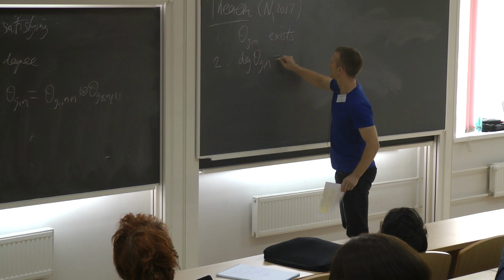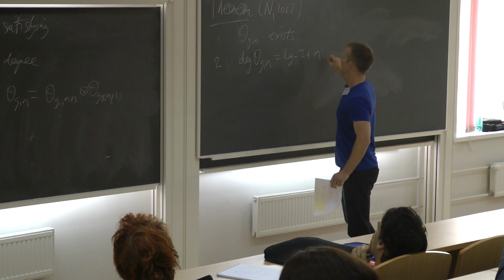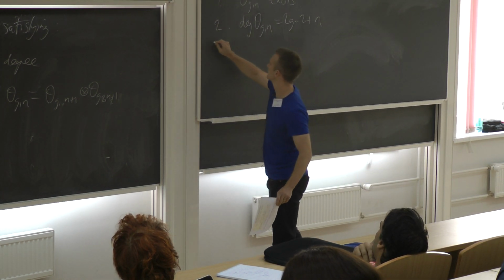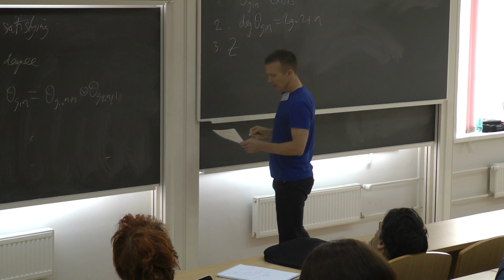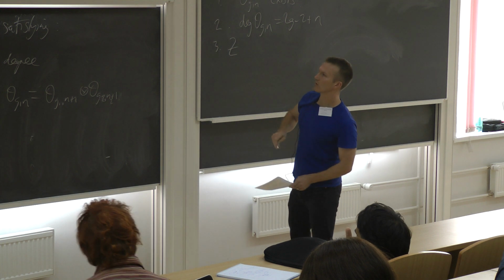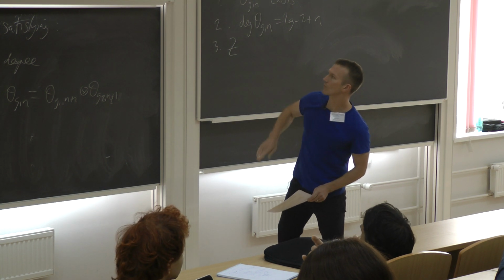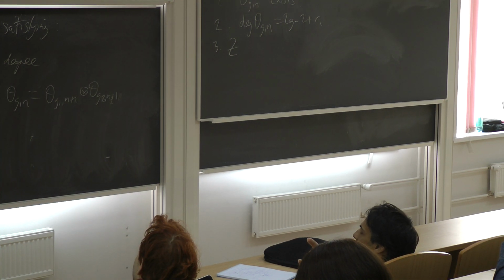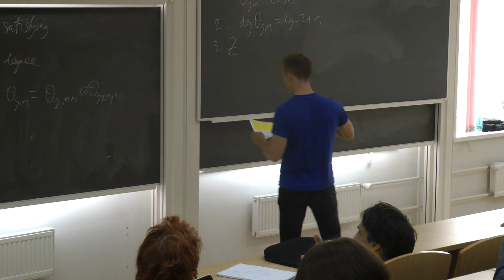Okay, and to answer Danilo's question, the degree is 2g minus 2 plus n. And this is a tau function. So maybe I'll write it out.